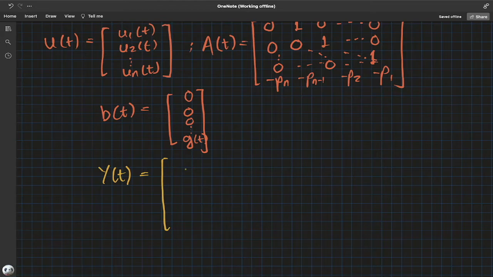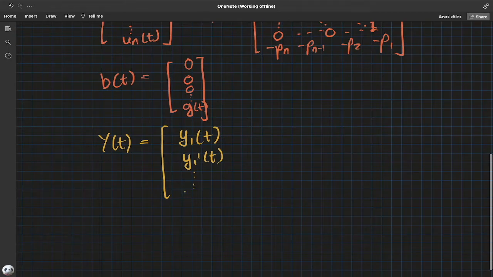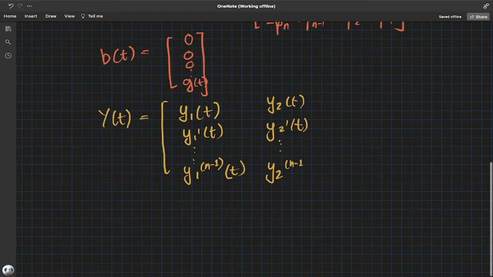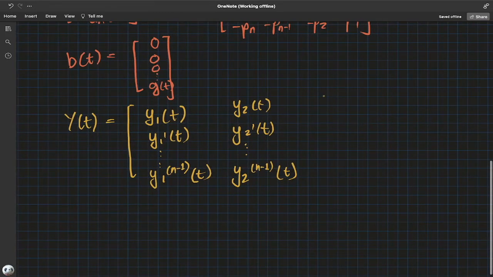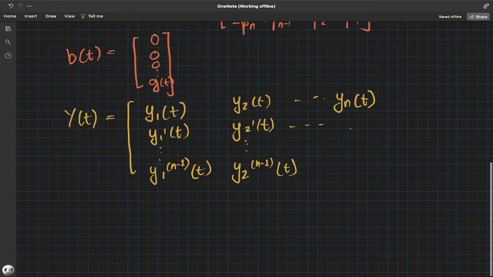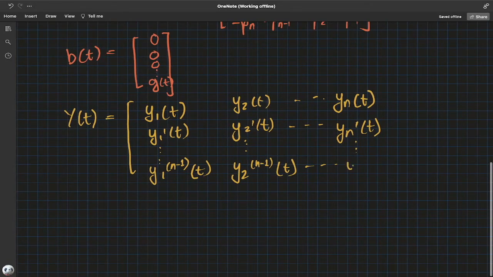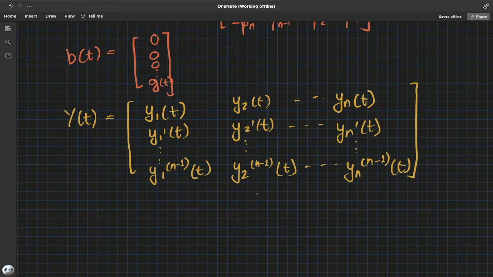Capital Y of t, I'm defining that to be y1 of t, y1 prime of t, up to the n minus first derivative of y1, then y2 of t, I'll do the same, differentiate that once, n minus 1 times, and then yn of t, yn prime of t, yn differentiated n minus 1 times, still a function of t.